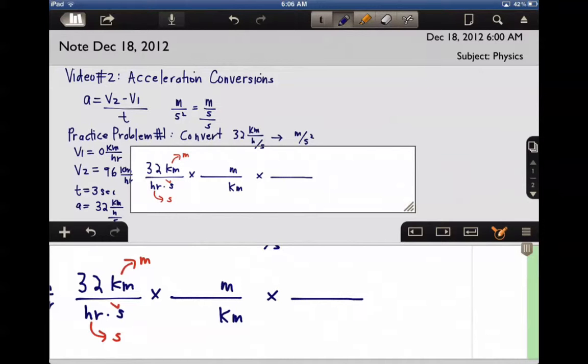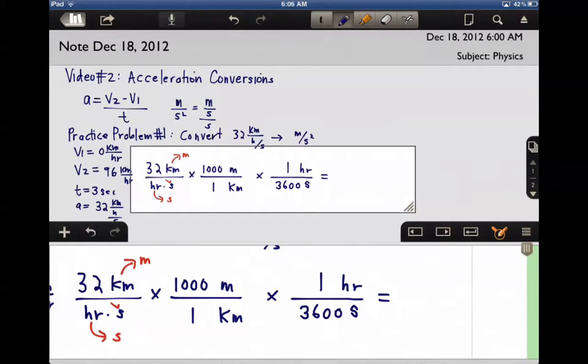And we know that 1 kilometer is 1,000 meters. In terms of hours, I want that to go to seconds. So hours is in the denominator, so I need to put it in the numerator. And seconds, my desired unit, is in the denominator this time. And 1 hour is 3,600 seconds.